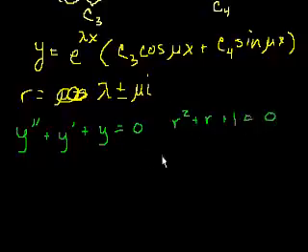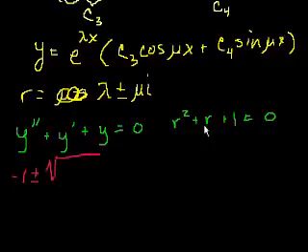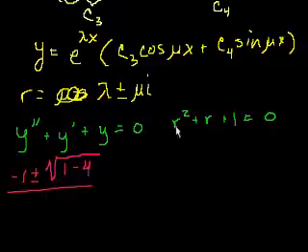Let's break out the quadratic formula. So the roots are going to be negative b, so it's negative 1 plus or minus the square root of b squared, which is 1, minus 4 times ac. Well, a and c are both 1, so it's just minus 4. All of that over 2 times a.